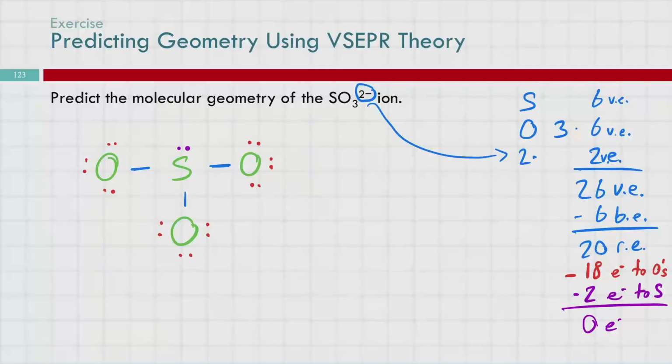They're all on the board. We can check for octets. Our oxygens have 2, 4, 6, 8 electrons. They all have the same configuration, so our oxygens are all happy. Our sulfur in the middle has 3 bonds. Each of the bonds, since they're single bonds, is 2 electrons, so 3 times 2 is 6. We add another 2 for the lone pair, and our sulfur also has its full octet.